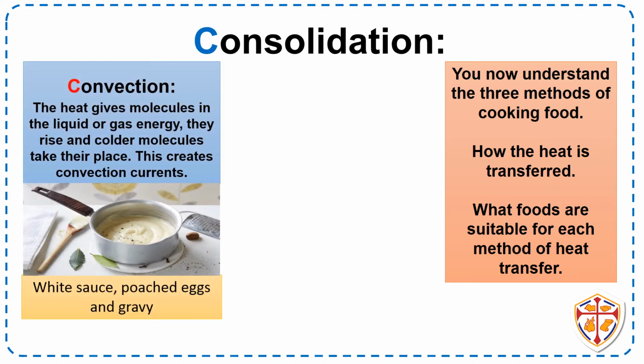Convection, this is where the transfer of heat by the mass movement of heated particles into a cooler mass or area. Natural convection uses the tendency of water, liquids or gases to rise and cooler ones to sink, leading to a constant circulation of heat.